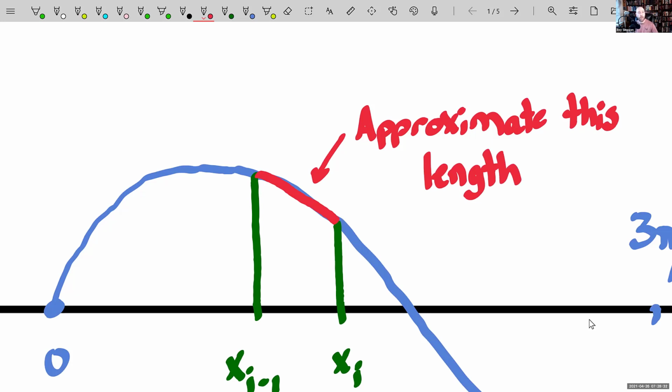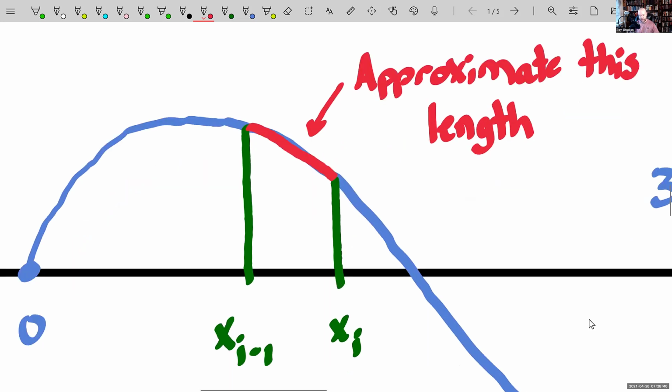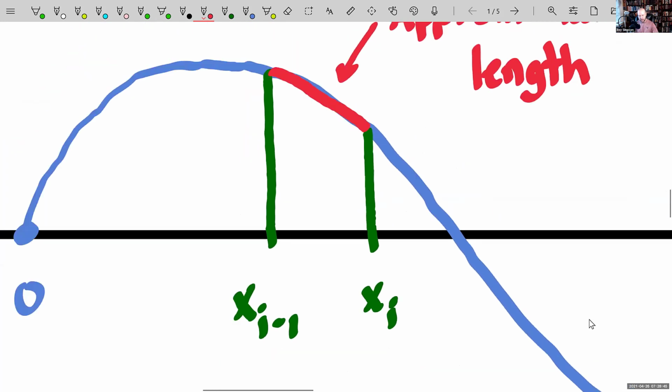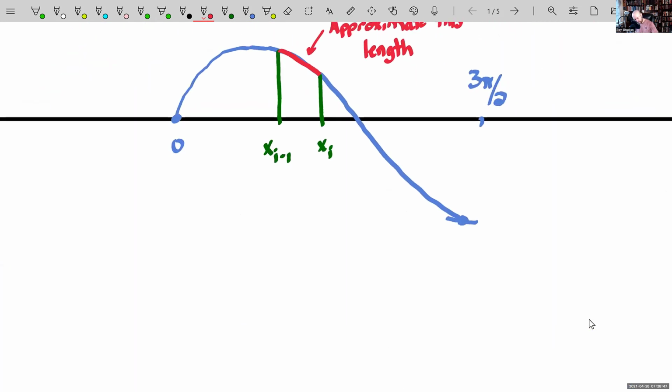Now, if you're awake, which I'm kind of not right now, you might be able to visualize how you could find the length of that slice, that arc length in that slice, pretty easily. I'm going to explode the view a little bit.